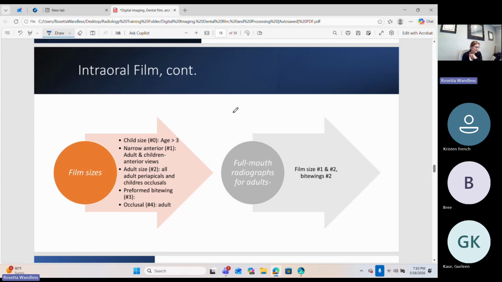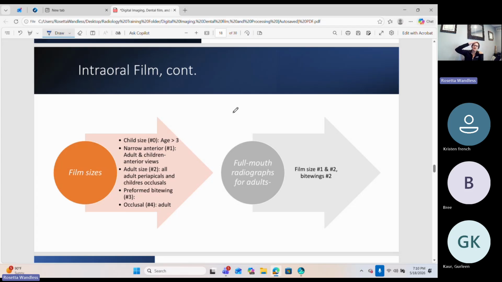The last size is size number 4. It's an occlusal. Now, for an adult occlusal, it is going to be 1 arch at a time. So you're going to get from molar to molar either a maxillary occlusal or a mandibular occlusal. They're taken separately.